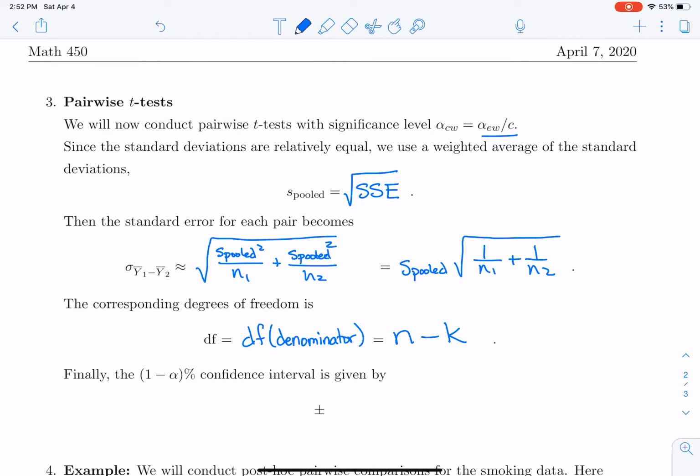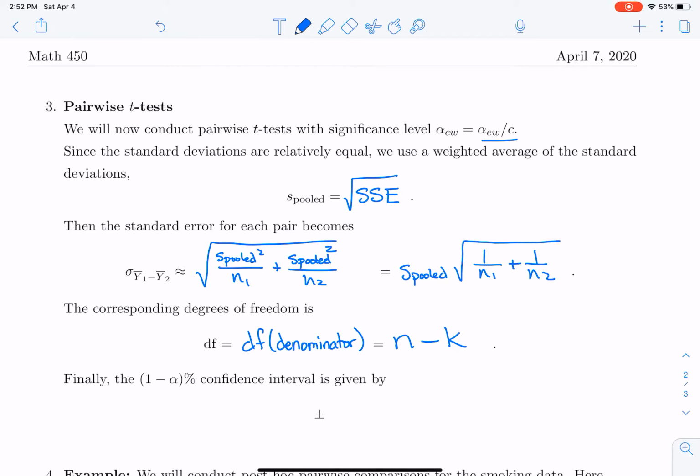And then what we can do is compute confidence intervals for all of our pairs of groups. So we would take, for example, y1 bar minus y2 bar, and then you would add and subtract t sub alpha sub component-wise over 2 times s pooled times the square root of 1 over n1 plus 1 over n2.